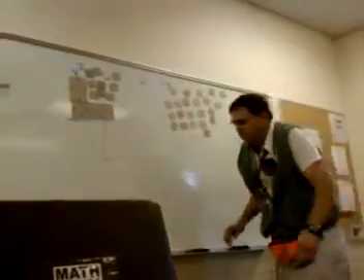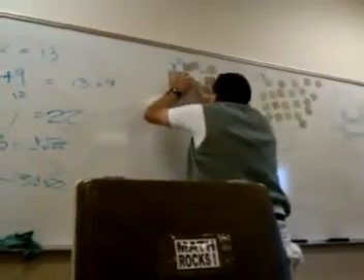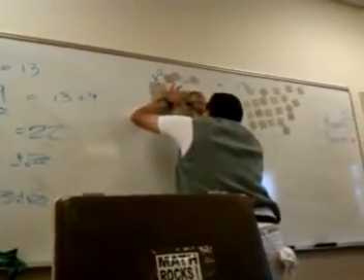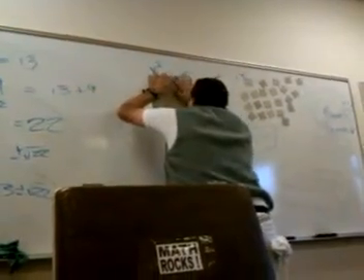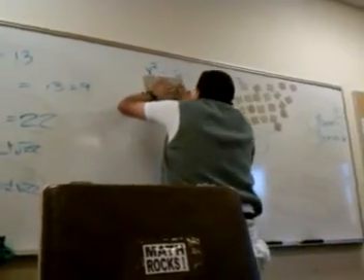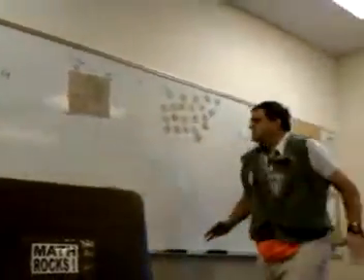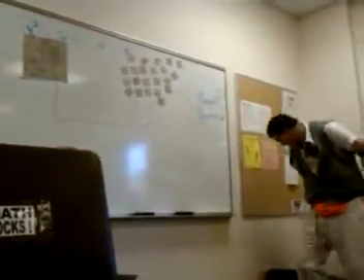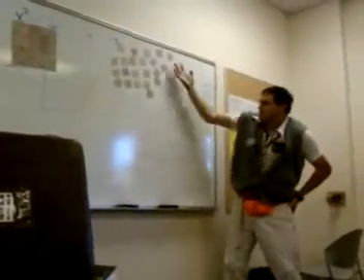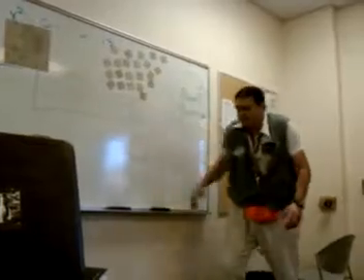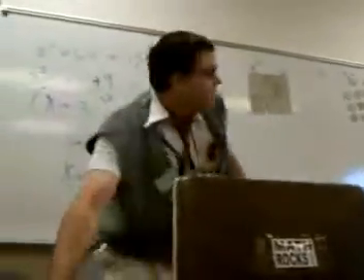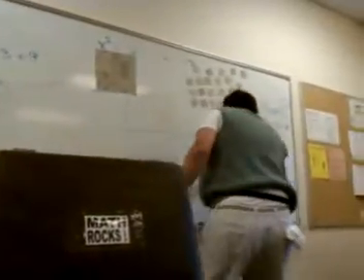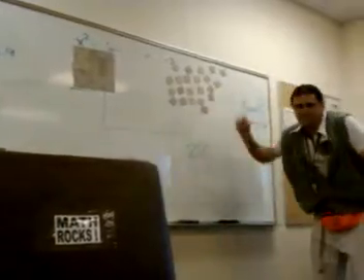Okay, so look what I have here. I have that right there, and I have this. Okay, so how many squares do I have on that side? I have 22. You can count them.